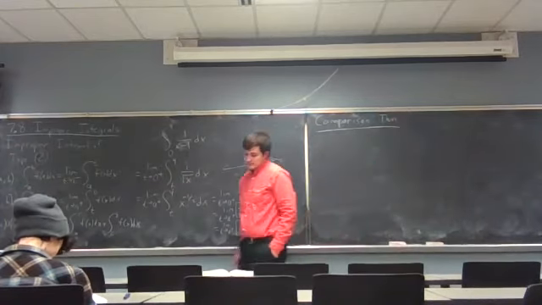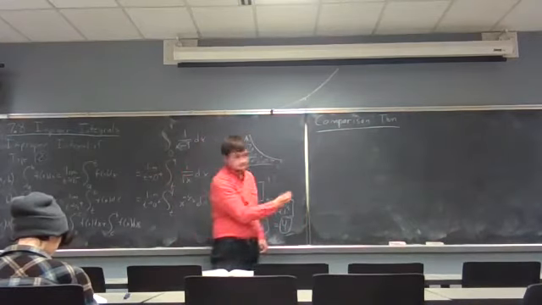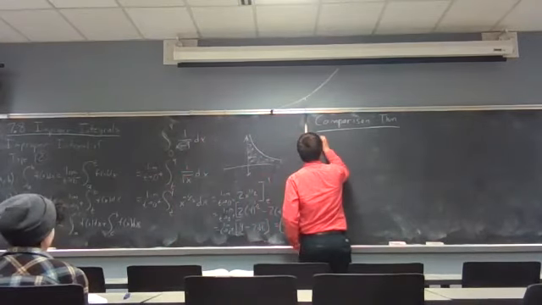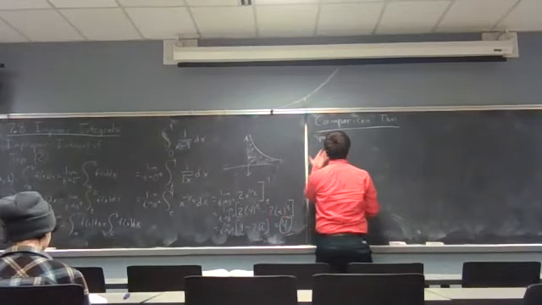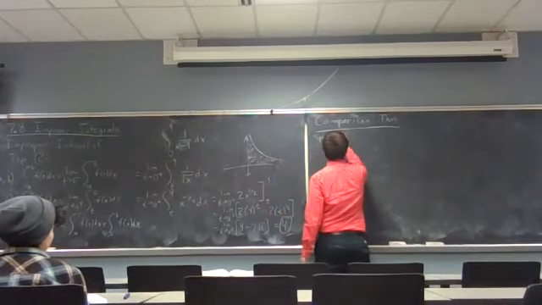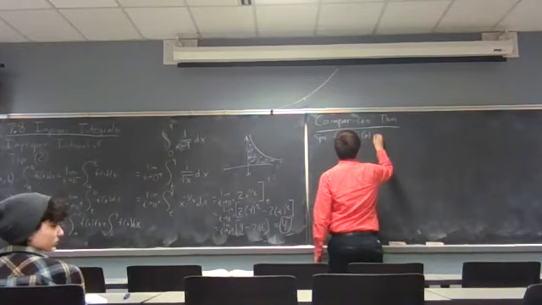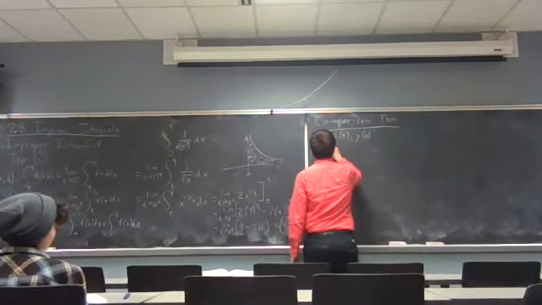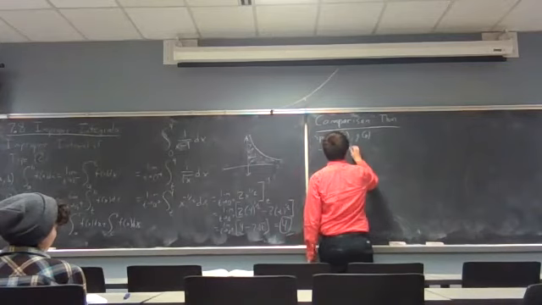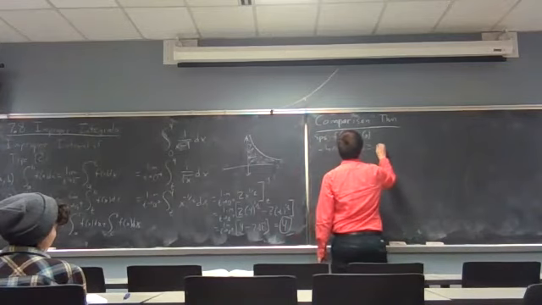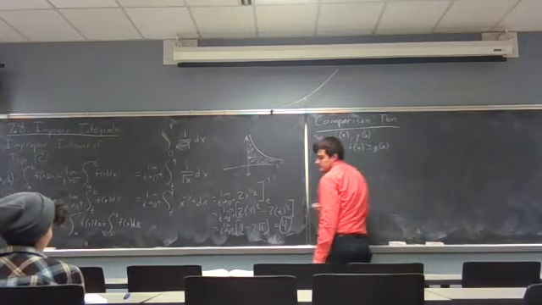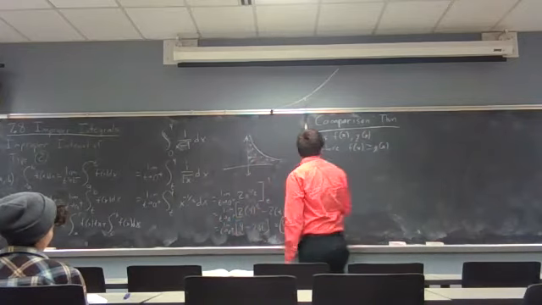Okay, now this says, so we're going to suppose we have two functions here. We have a function f of x and g of x, where f of x is greater than or equal to g of x, which is greater than or equal to 0.